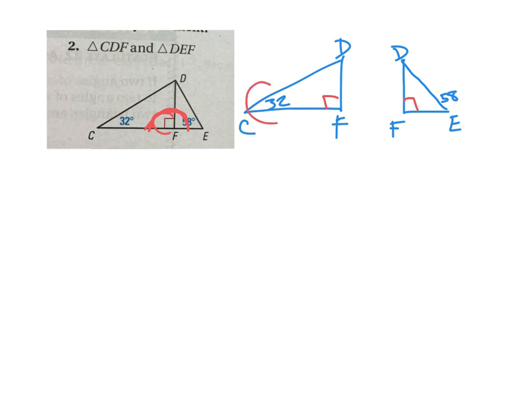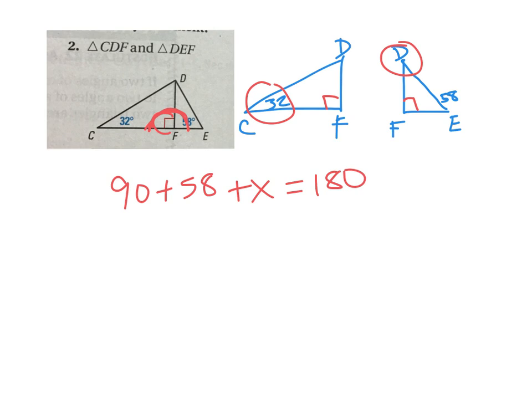If D equals this 32, then we know we can have two angles that equal each other. So let's say 90 plus 58 plus missing angle equals 180. What's 90 plus 58? 148. Plus x equals 180, subtract 148.